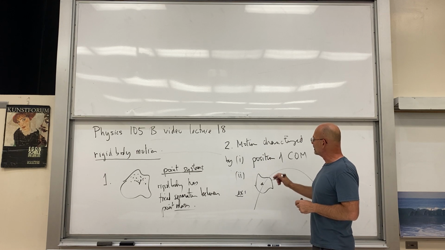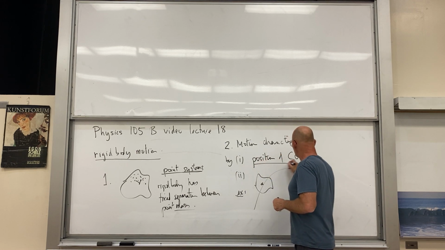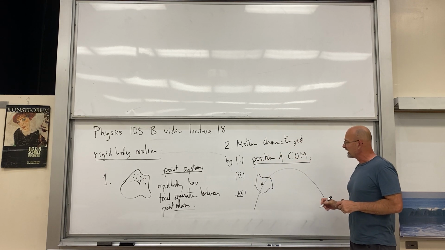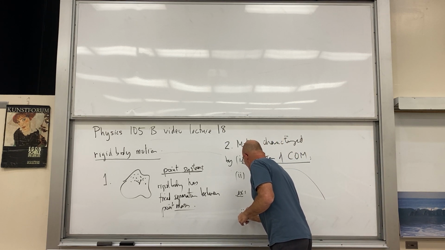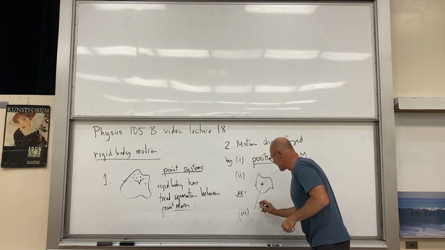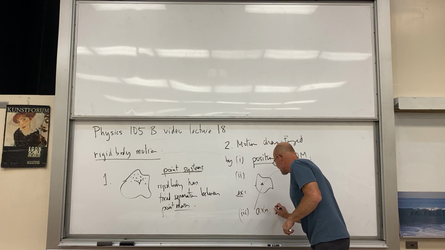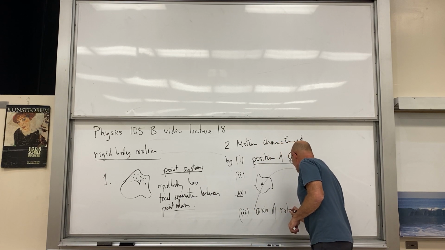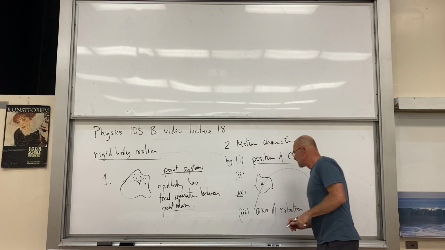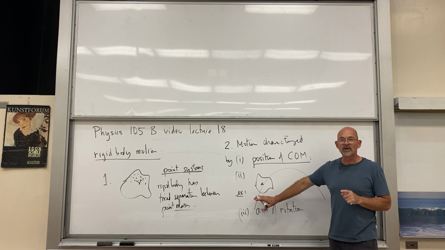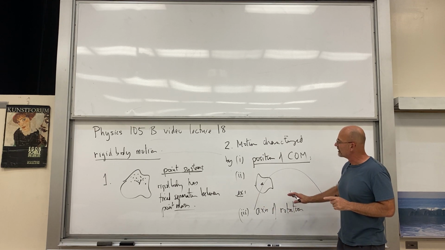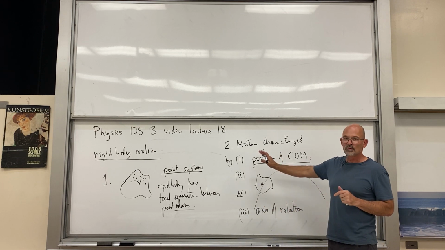But what we're going to do is get the center of mass position, and then we're going to talk about the axis of rotation. Later on, when the axis is not fixed, things become a lot more complicated, but right now we're keeping it at the same level we had in Physics 4A.